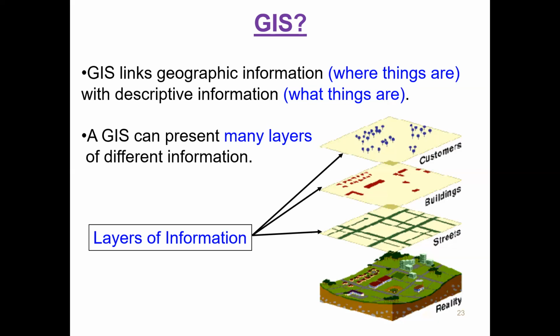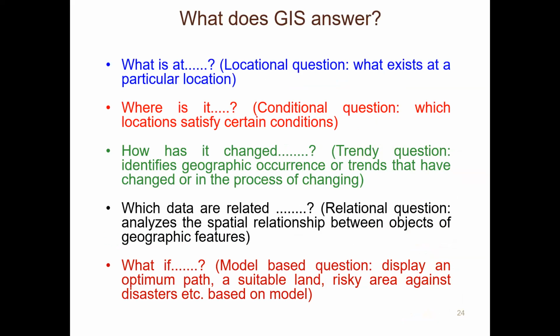Okay. Now, GIS can actually help us in many ways. It will answer what question, where question. So what can be a locational question? Where can be a conditional question? Okay. Trend question. So a trend question is, for example, how has it changed over a period of time? Okay. Relational question. What data are related?